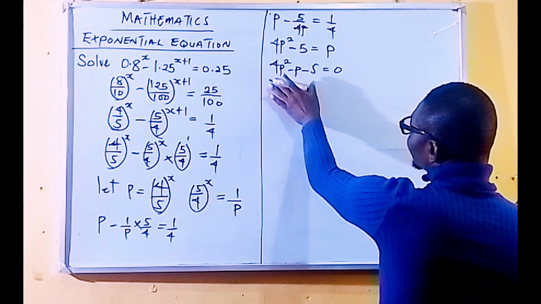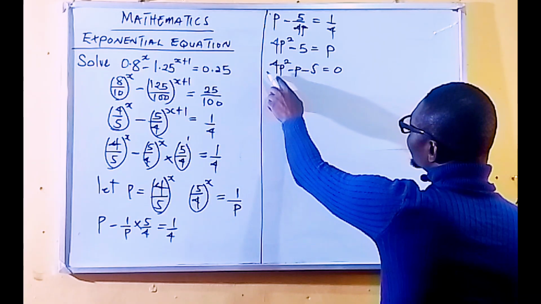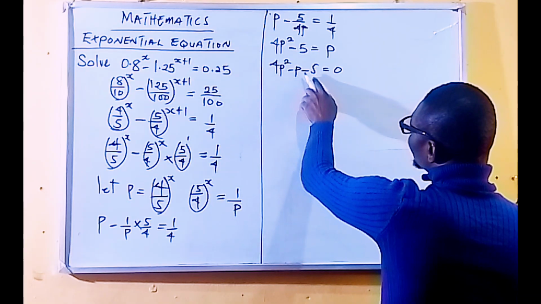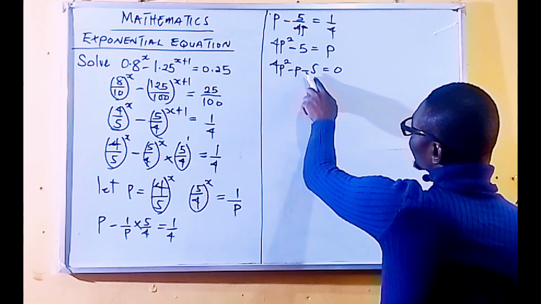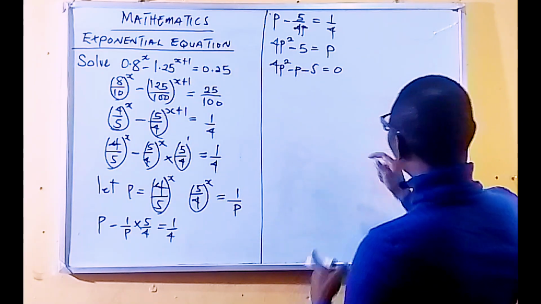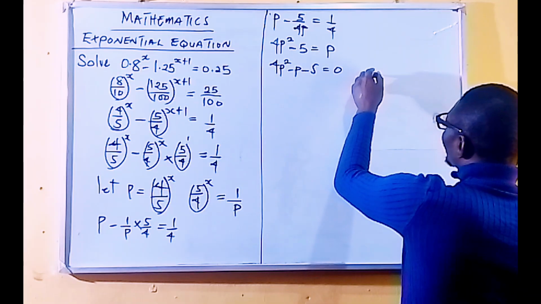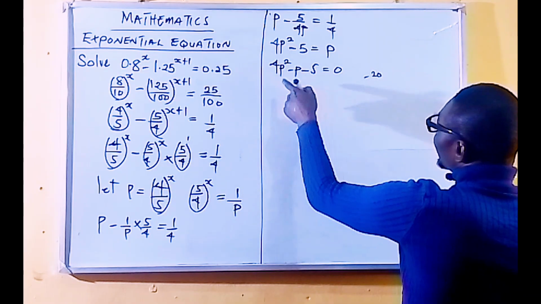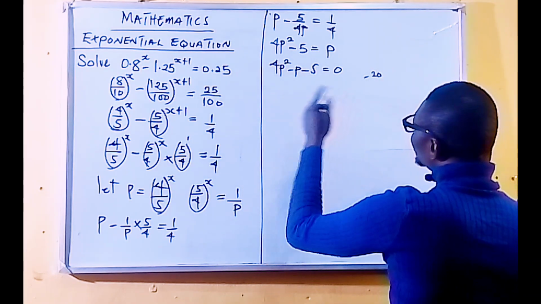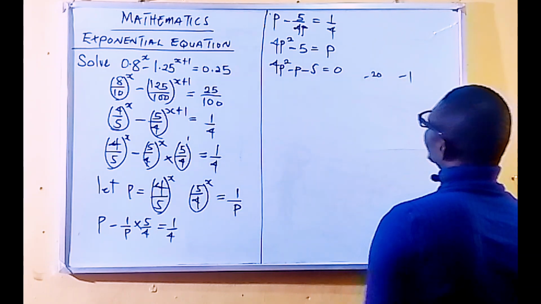So we can factorize this. We multiply the coefficient of p squared by the constant term, which is 4 times 5, that is 20. Here we now need two numbers such that when I multiply them, I get minus 20, and when I add those two numbers or factors, I get minus 1.